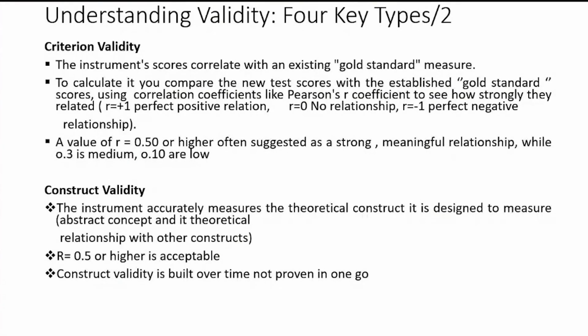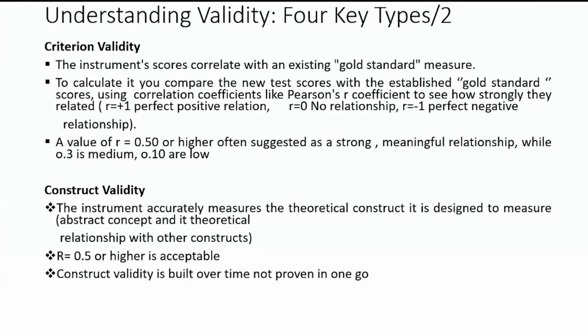Then when you do your test, you test the relationship and see if the relationship between that gold standard item and yours is higher; you should at least have 0.5 or above. But if the relationship is medium, it will drop, and it is expected that you should at least have a 0.50 relationship.